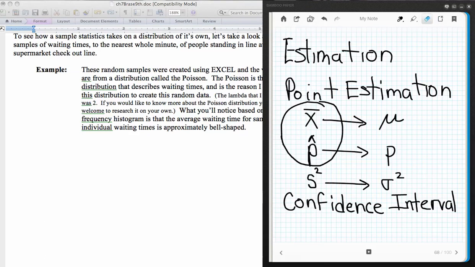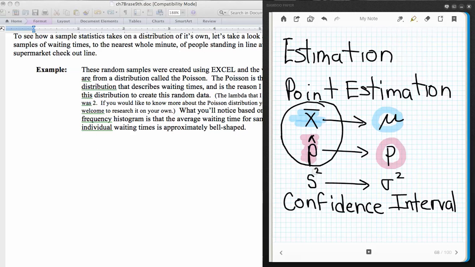So the thoughts that I'm going to leave you with here are that we're going to be talking about x bars as a point estimate to get us at our means. And we're going to talk about our sample proportions, p hats, to get us to our population proportion, p.